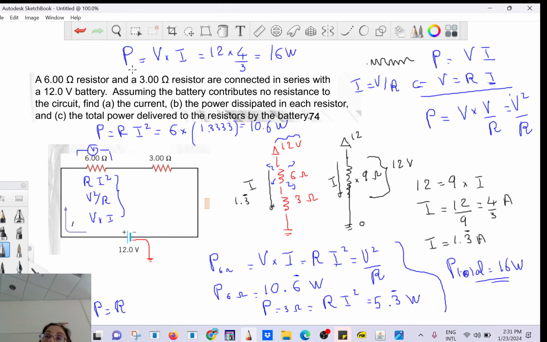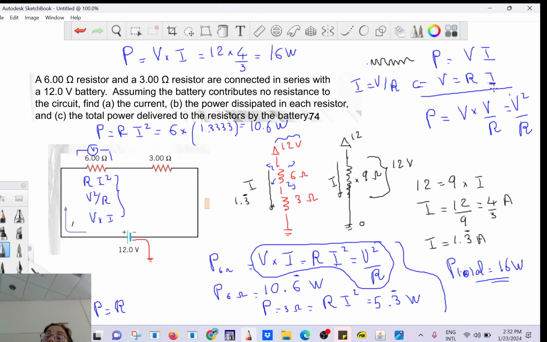Conclusion: the power is always voltage times current, but if you have a resistance, you can use Ri squared or V squared over R instead. All these are the same, because you are using Ohm's law, V equals Ri. Is that clear?